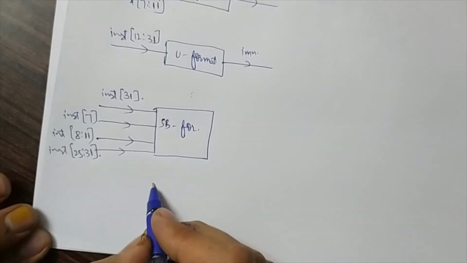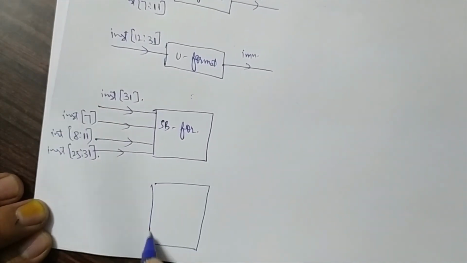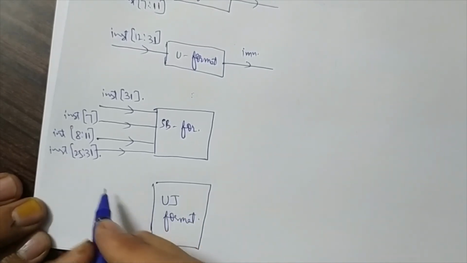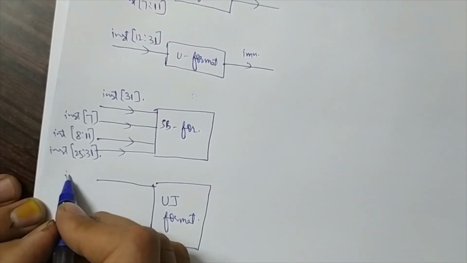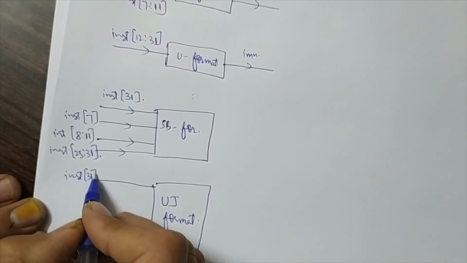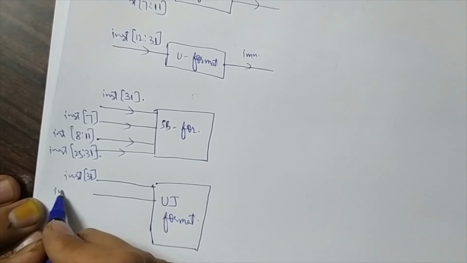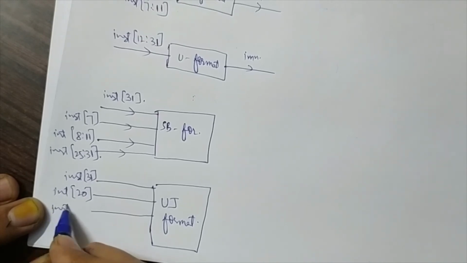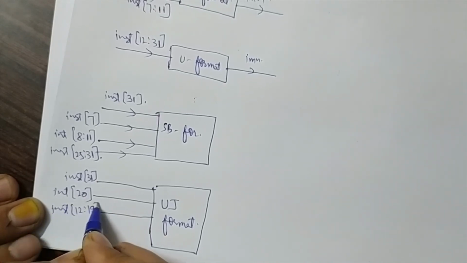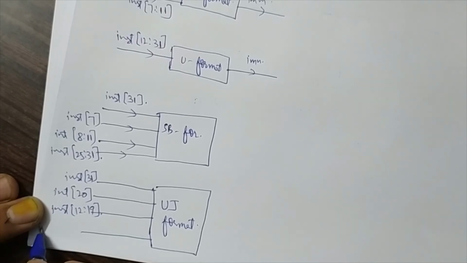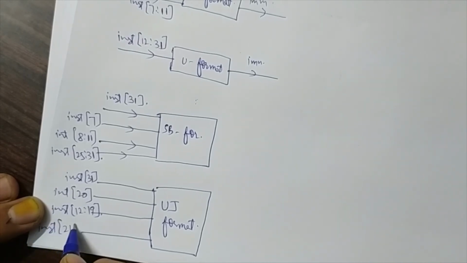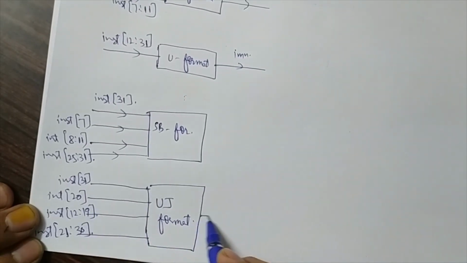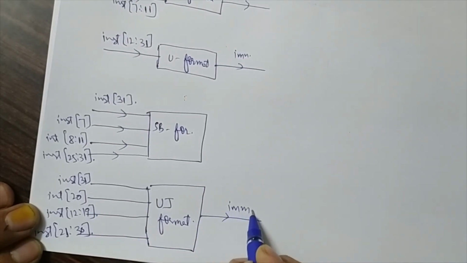Likewise, we have the UJ format block. The UJ format can make an immediate using the following instruction components: instruction bit 31, instruction bit 20, instruction bits 12 to 19, and instruction bits 21 to 30. From these bits it can calculate the immediate.